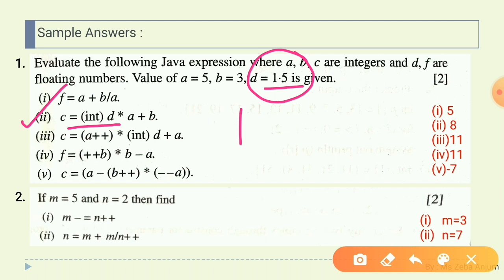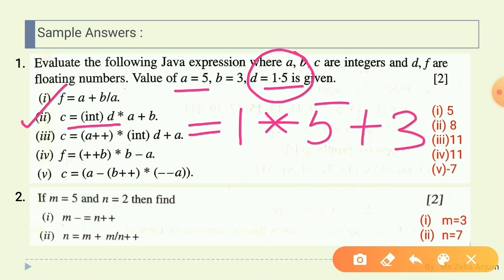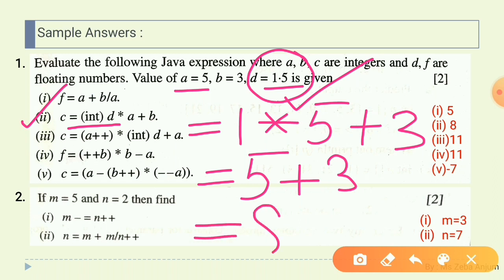So the value of d will be 1 multiplied by a, the value of a is 5, plus b, that is 3. Again this multiplication will take place first. So 5 plus 3 is going to give you 8 as an answer. Now you can see at the second position you have 8.